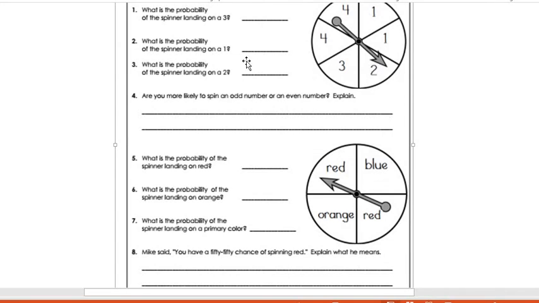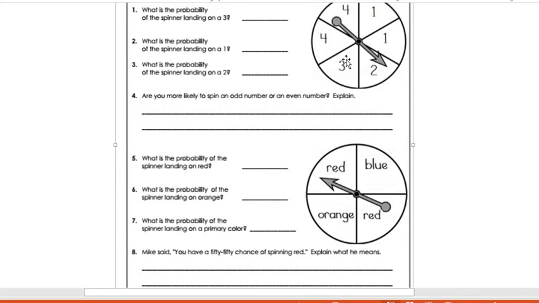Okay, it's clear now. What is the probability of the spinner landing on a 3? We have here how many parts? 1, 2, 3, 4, 5, 6. 6 parts.